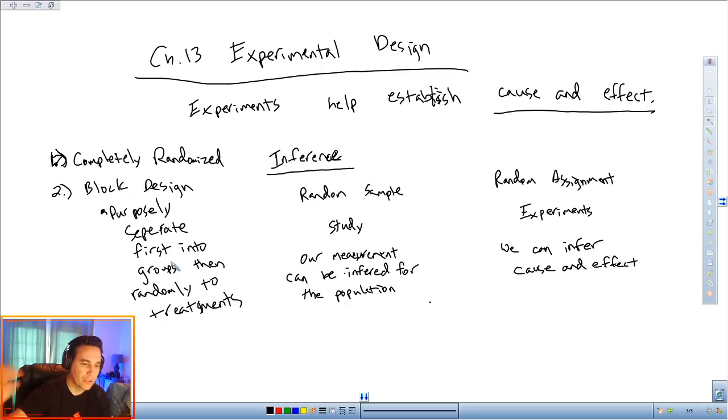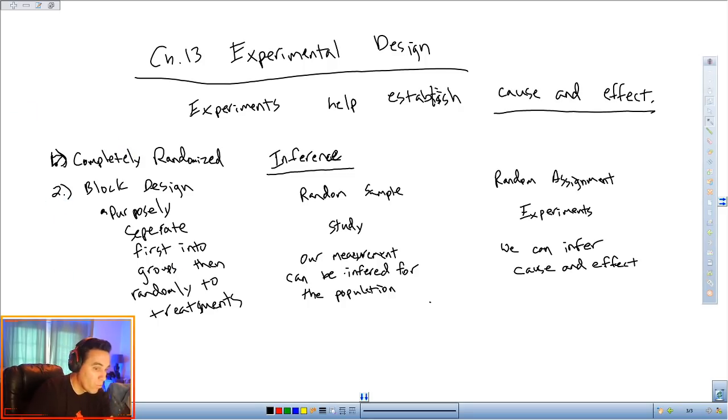So then you will just compare each age group to itself, right? You're controlling the age variable. That's why it's called a block, because you are blocking the age variable from affecting your response. So that's your block design.